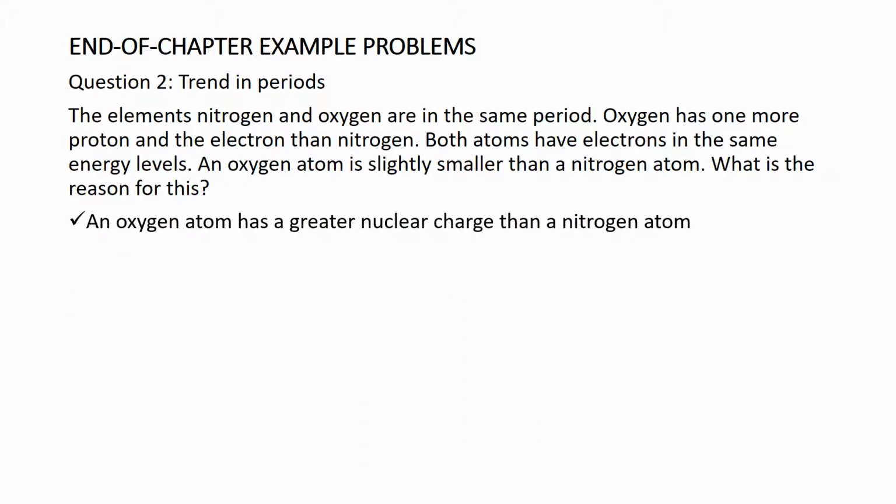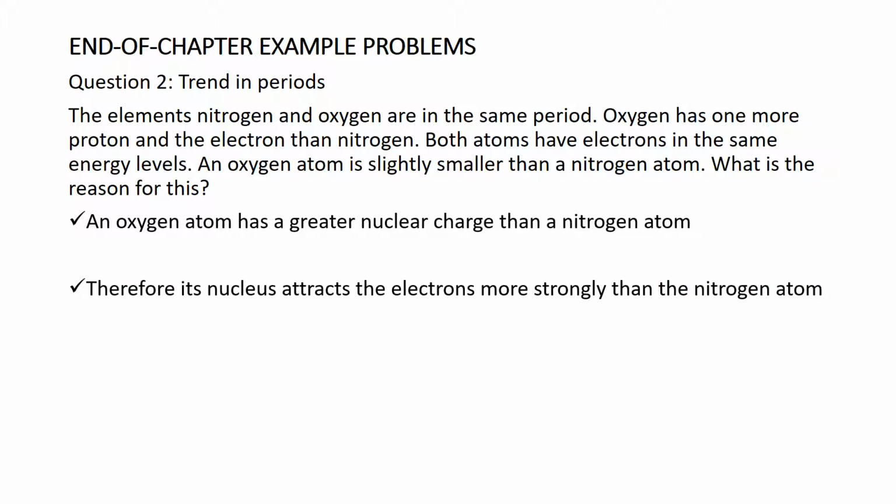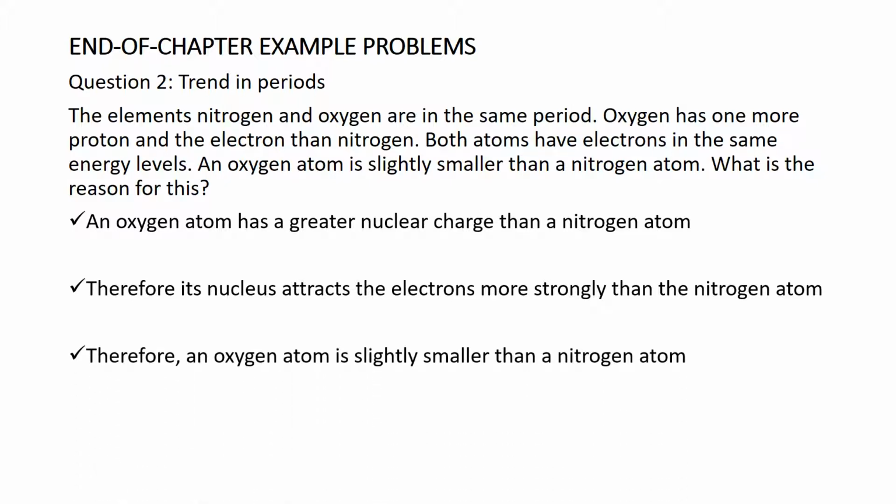First of all, an oxygen atom has a greater nuclear charge than a nitrogen atom. So its nucleus attracts the electrons more strongly than the nitrogen atom. Therefore, an oxygen atom is slightly smaller than a nitrogen atom.